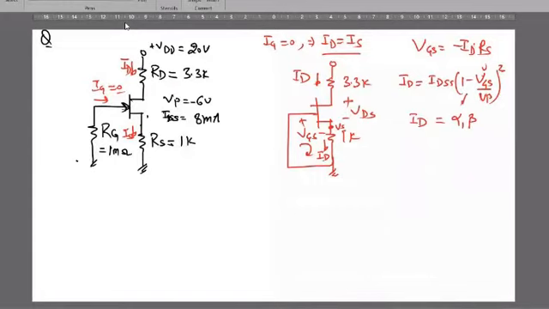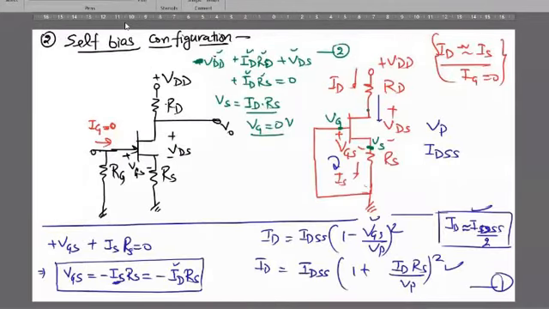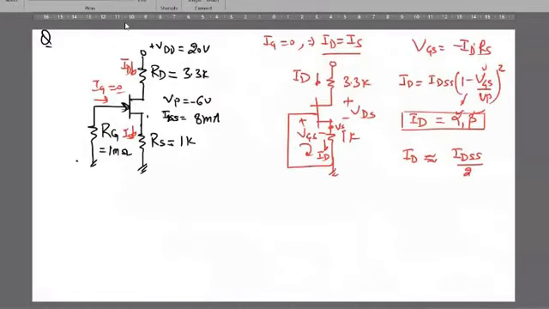Okay, and one more thing, I have already explained this: one of the roots will be approximately ID equals IDSS by 2. So either alpha or beta will be equal to IDSS by 2.